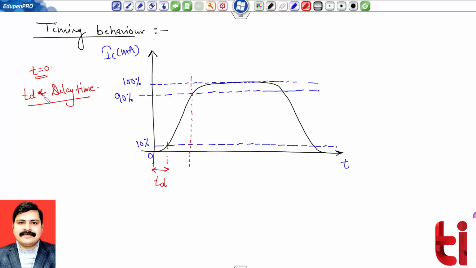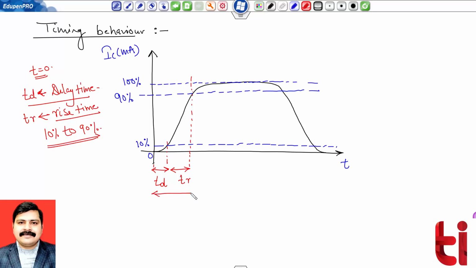So TD is the time taken to respond to the input signal, and this TR is another time, which is termed as the rise time. It is the amount of time taken from the 10% value of my signal to the 90% level.